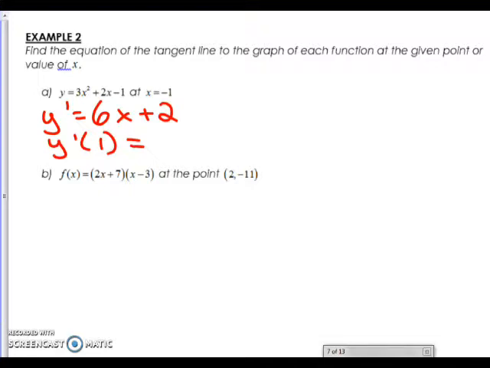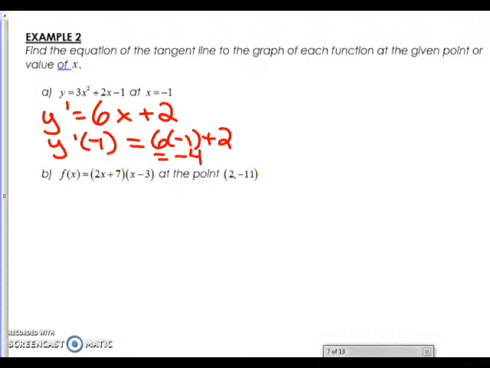So this is saying I'm plugging 1 into the derivative. Oh, I'm sorry, negative 1. Okay, so I'm plugging negative 1 into the derivative, and that leaves 6 times negative 1 plus 2, so negative 6 plus 2. I'm pretty sure that's a negative 4. Okay? Pretty sure. Okay. So, what does that negative 4 represent? The slope. So that is your slope.